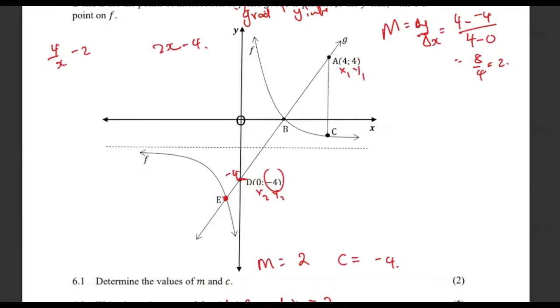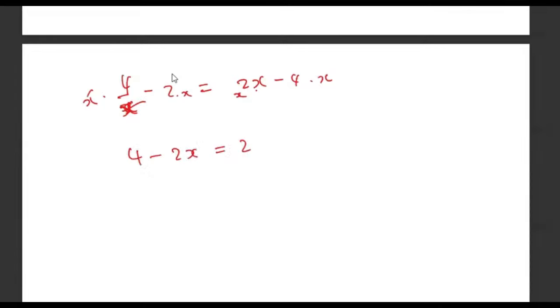So let me jot it down this side. We are saying 4 over x minus 2 is equal to 2x minus 4. Step number 1, get rid of this x by multiplying through by x. So this cancels that. It's going to be 4 minus 2x equals 2x squared minus 4x.